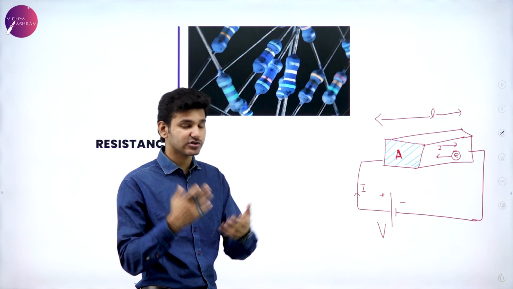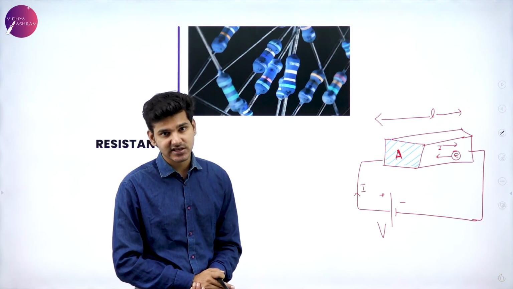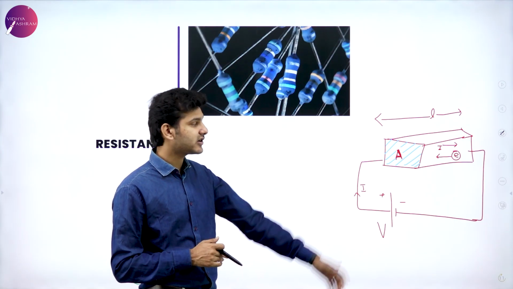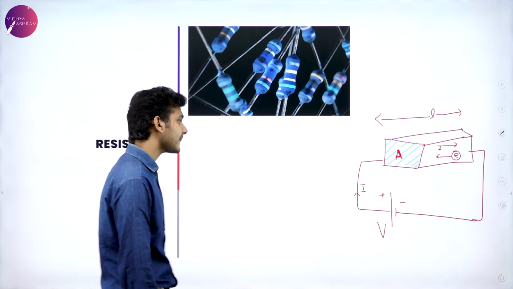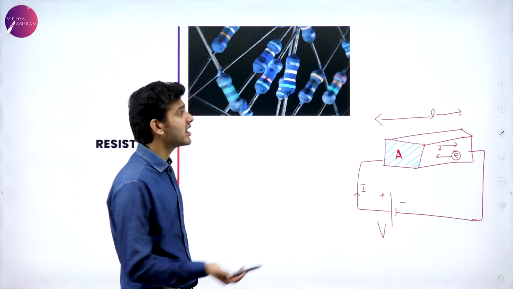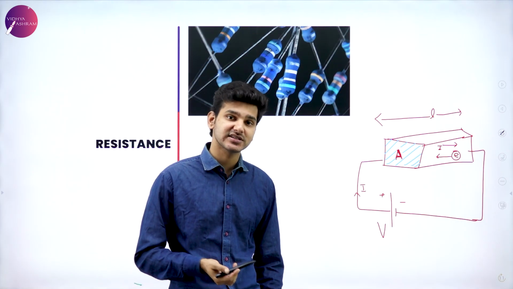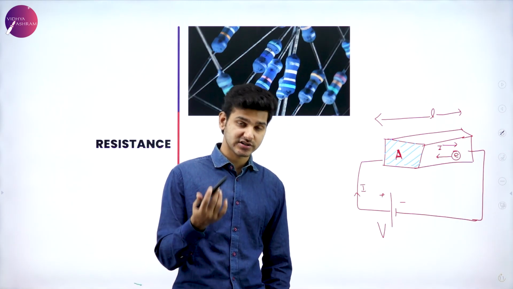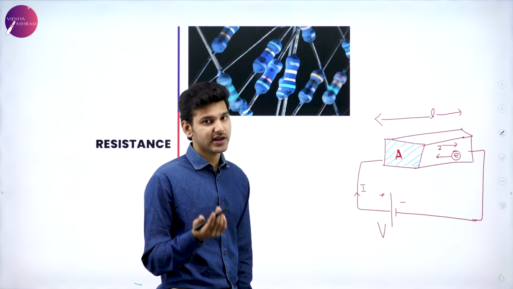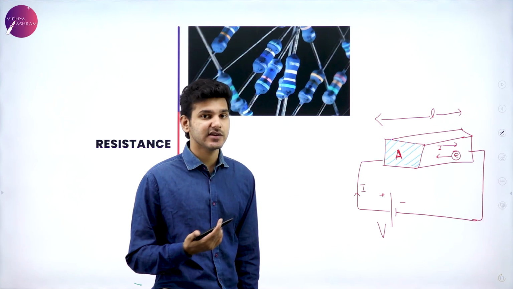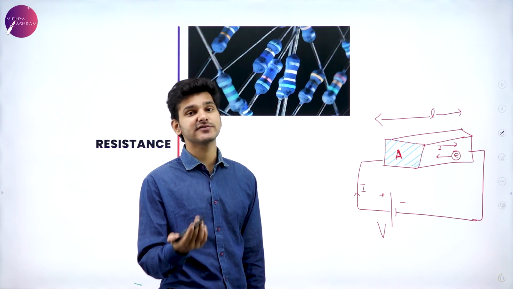That is how the picture should be in your mind. Resistance is opposition to the easy flow of current through any material. And it does not have to be a resistor which is introduced, because innately many substances will have resistance on their own. The level will only vary, but resistance is innately within every substance when current is flowing through it.